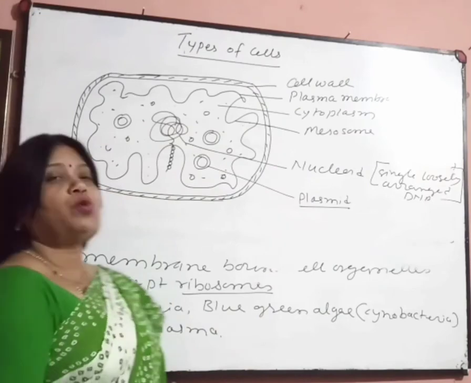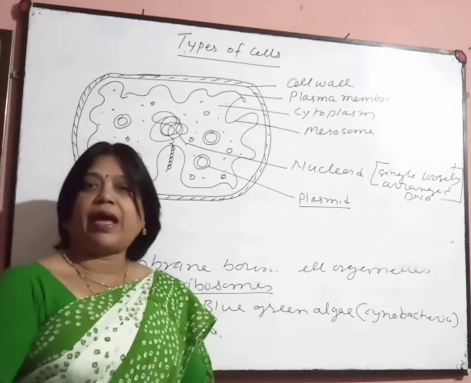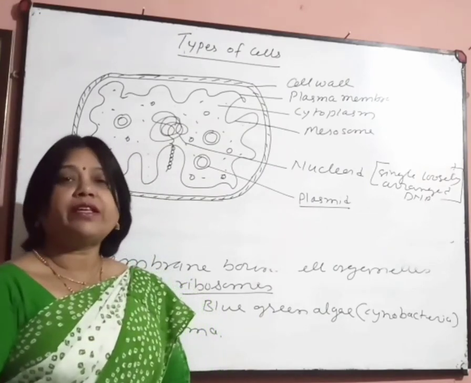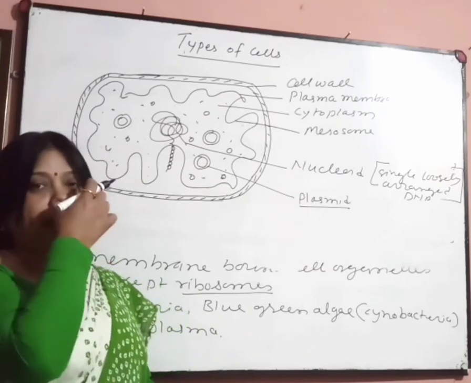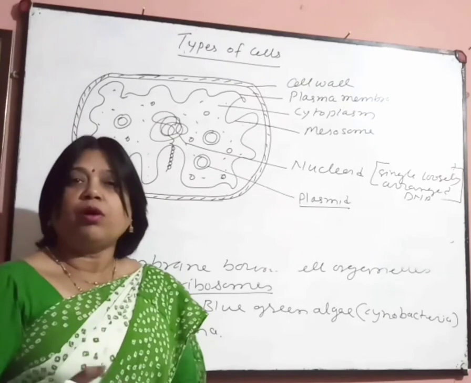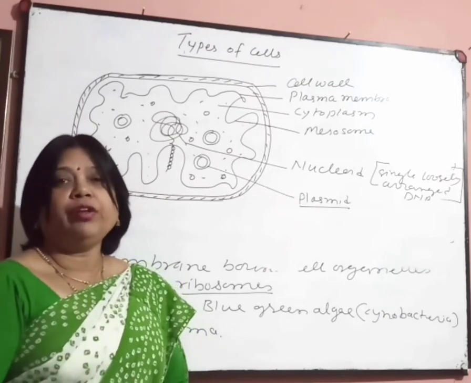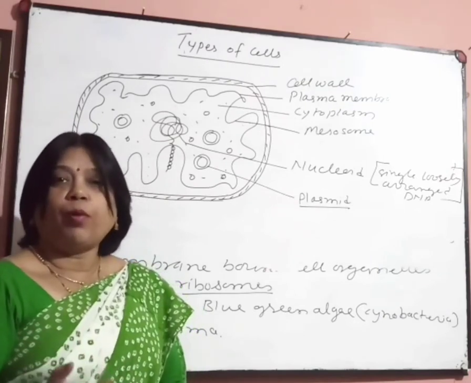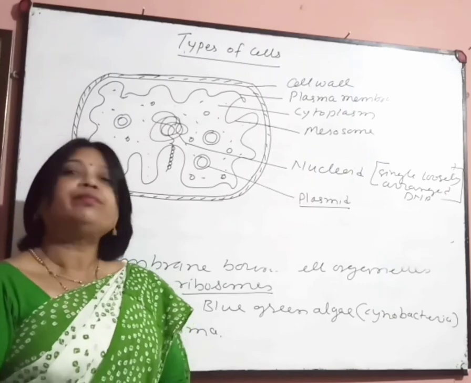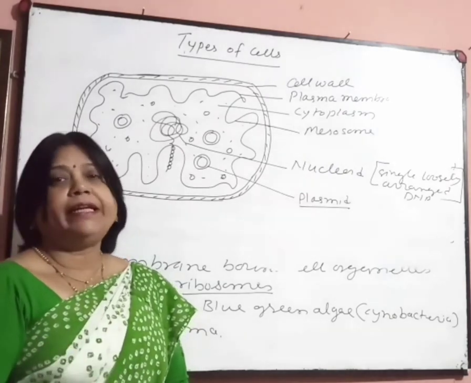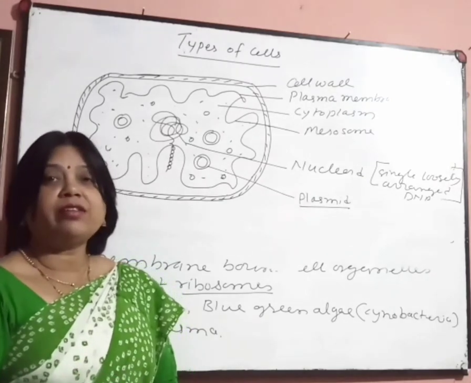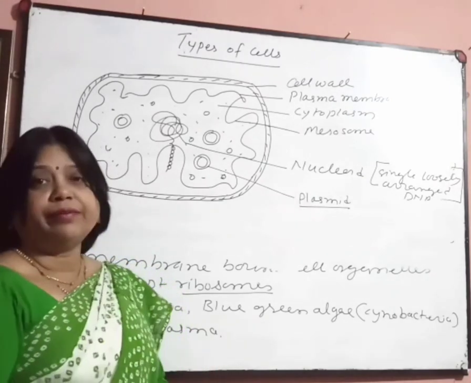And plasmid also regulates and controls some characters such as resistance to antibiotics. And this plasmid is also nowadays used in some recombinant DNA technology and in genetic engineering in some techniques as a vector.